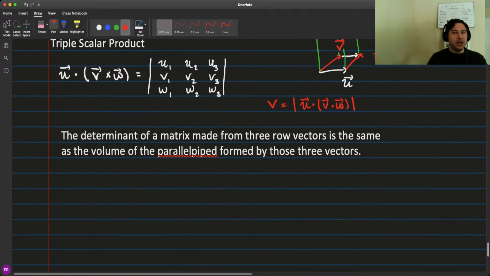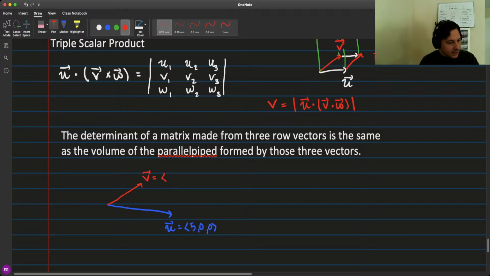And let's just do a quick example with something really easy so that we know it's going to work. So this is going to be my U, and let's just say that U is 5, 0, 0. And my V is going to look like this.